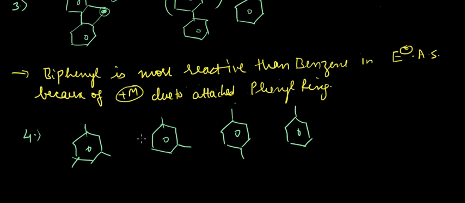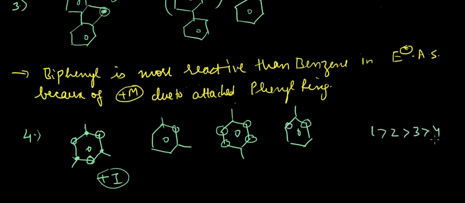Obviously in this case everything is determined in terms of inductive effect only. So more the number of substituents attached to the benzene ring, as all are CH3 in this case, more will be the plus I on these places. So the order would be simple: 1, 2, 3, 4.